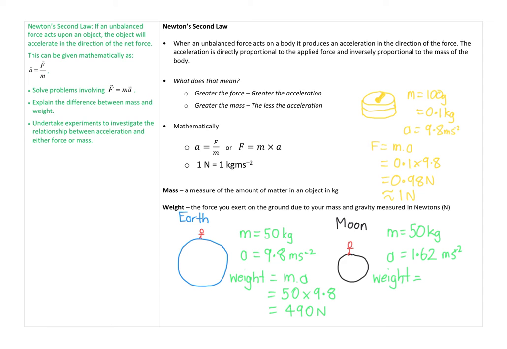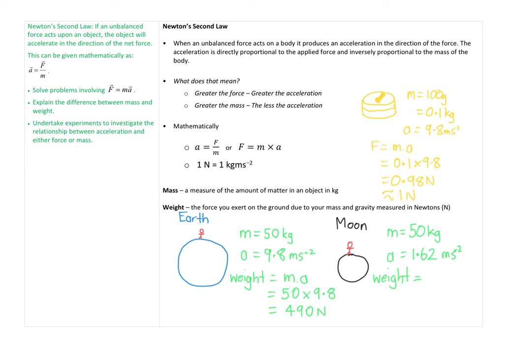So, if you have a mass of 50 kilograms, 490. You can approximate the 9.8 to 10. So, it's just under 500 newtons that would be your weight. That would be the force you exert on the ground due to your mass.